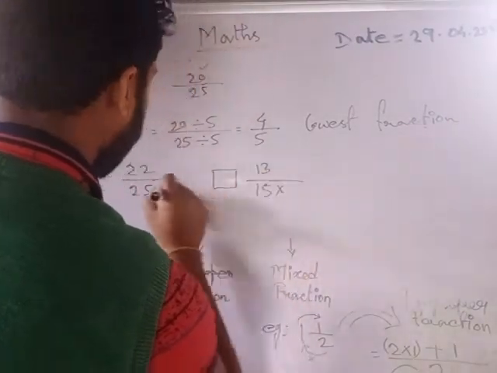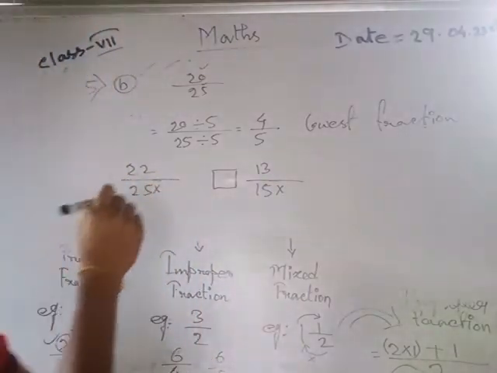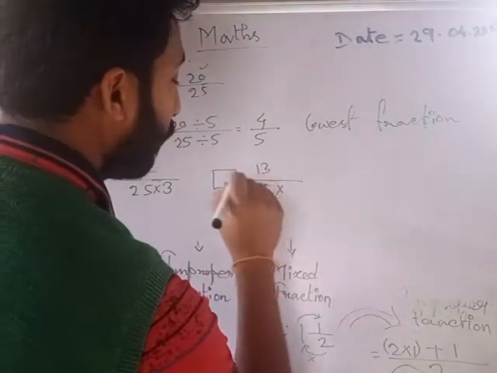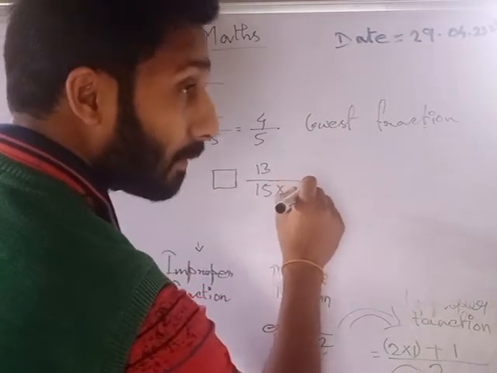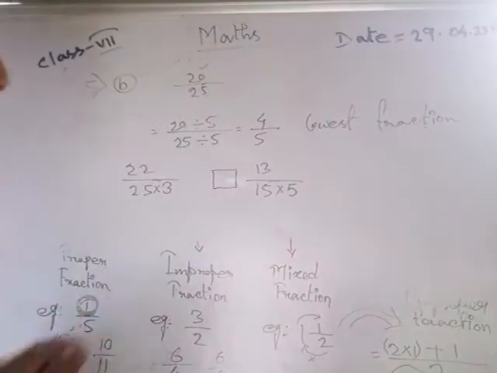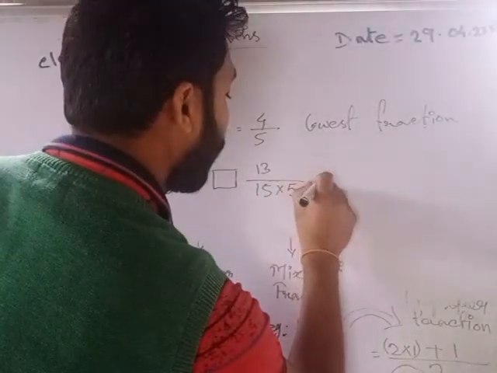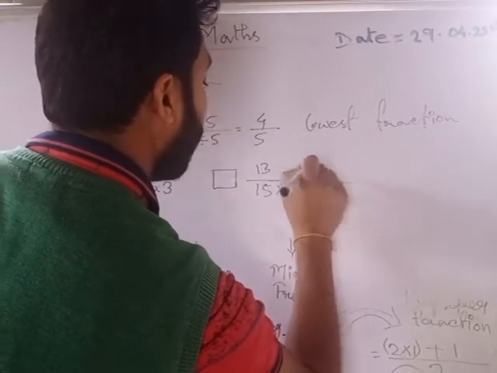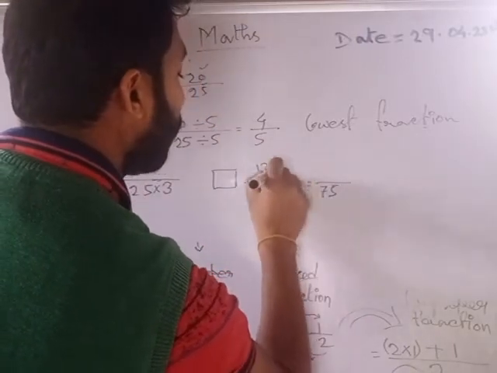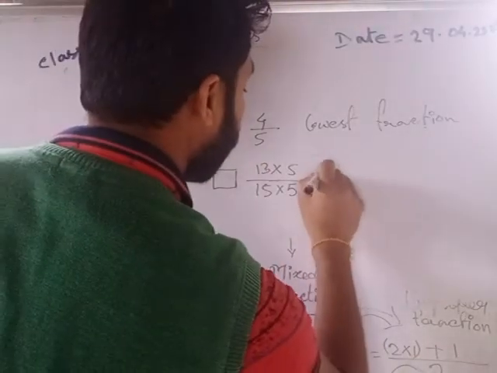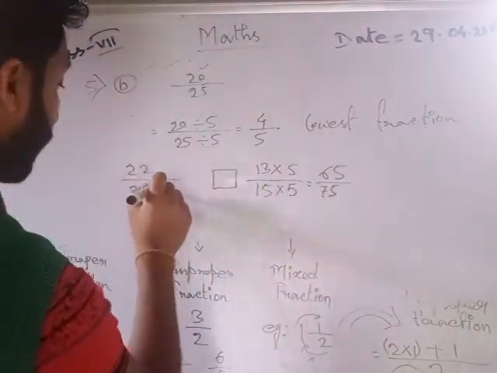That means 25 3s are 75. 15 multiplied by 5, 5 15s are 75. Sorry, 13 also multiplied by 5 because it is an equivalent fraction. 65.